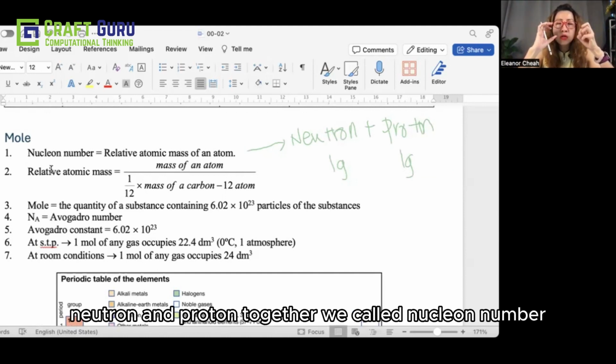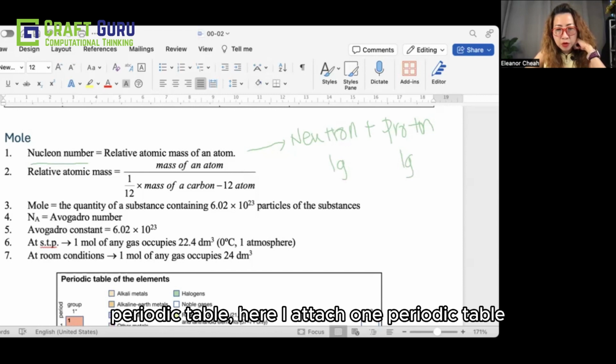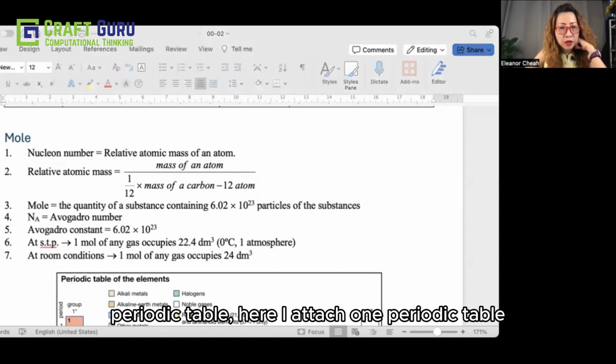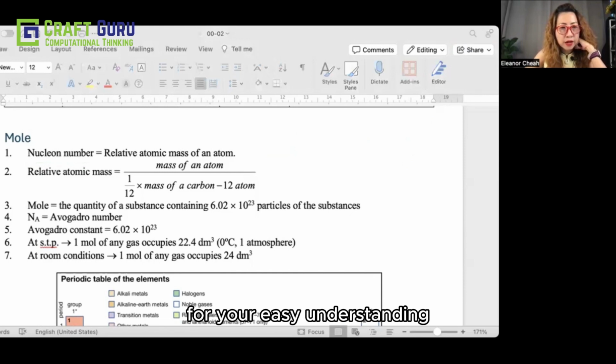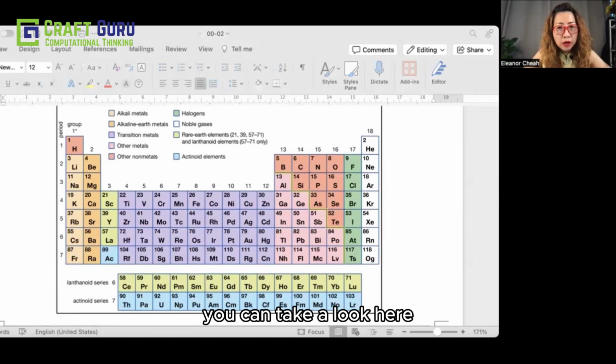So neutron and proton together we call nucleon number. This nucleon number is stated in the periodic table. Here I attach one periodic table for your easy understanding. You can take a look here.